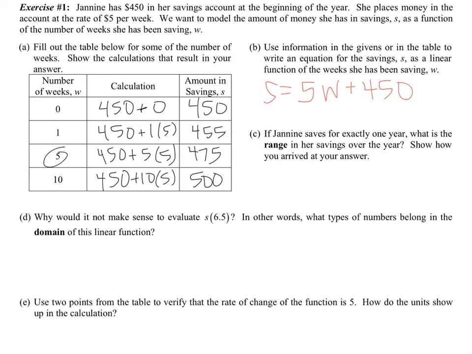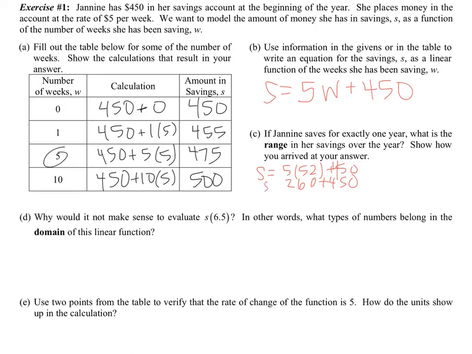So if Janine saves for exactly 1 year, what is the range in her savings over the year? So 1 year is 52 weeks. So we want to know what is her savings at 52 weeks. Well, 52 times 5 is 260 plus 450.